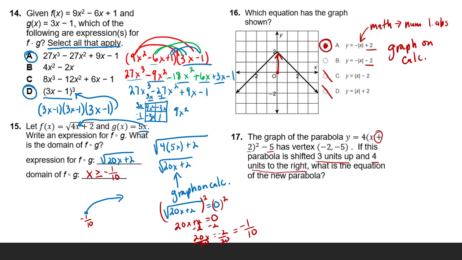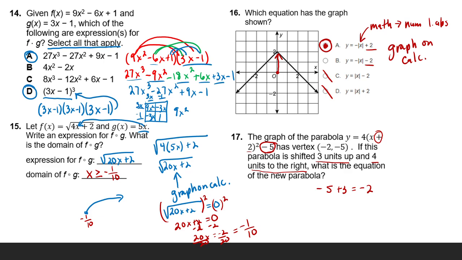Okay, well, 3 units up is going to change your value right there. So what does -5 plus 3 give us? Because we're going to go up 3 units. Well, -5 plus 3, now we're at -2.